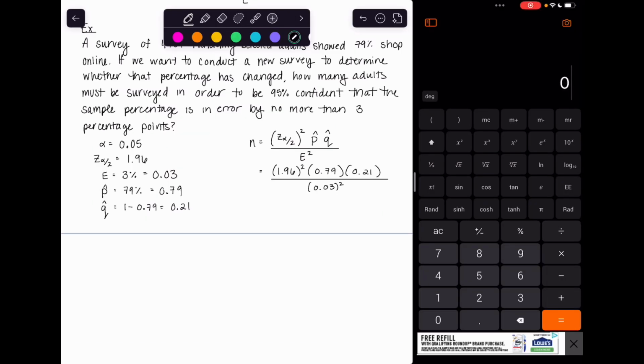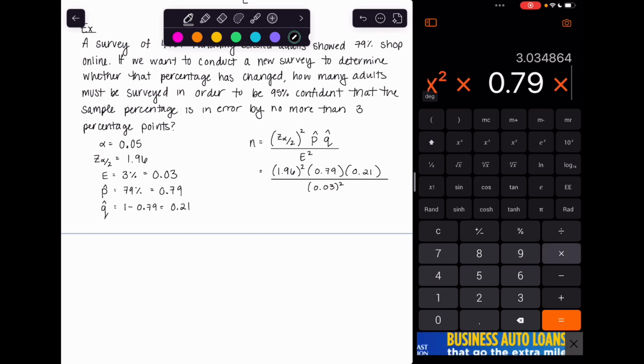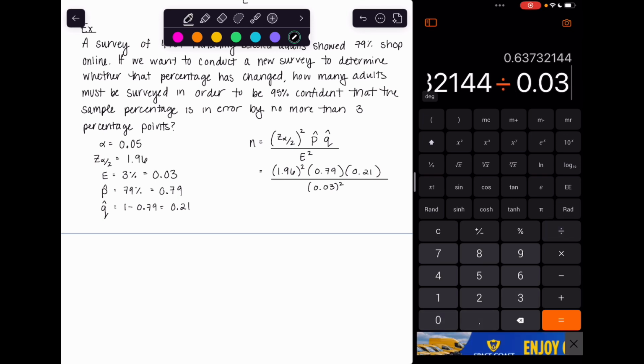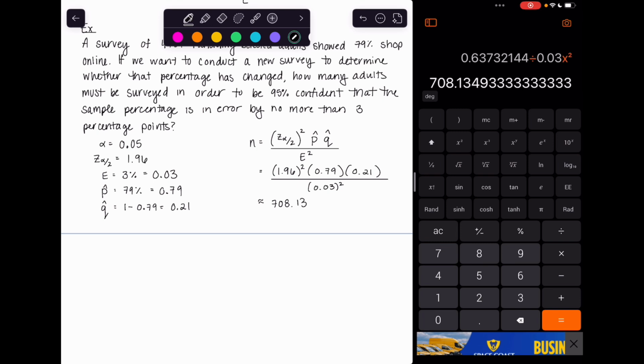So plugging this into the calculator, we need to do 1.96 squared. So I press the square button. We're going to times that by 0.79, times that by 0.21, and that gives us our numerator. And then I want to divide that by 0.03 squared. And so this gives us a decimal, which is 708.13.